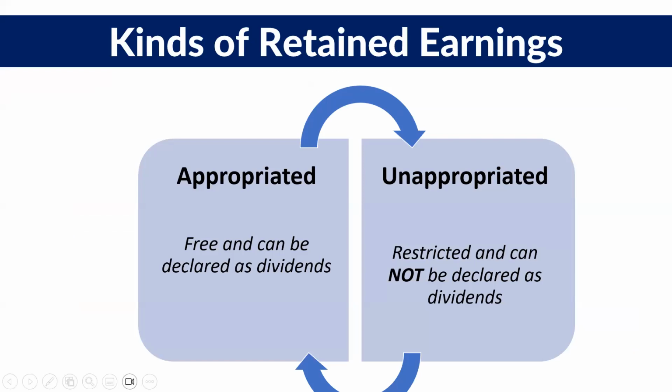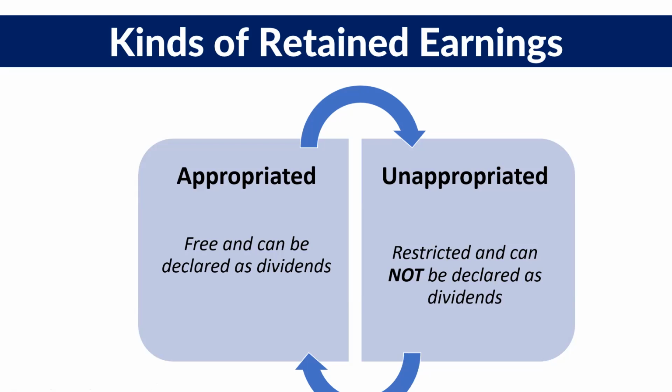retained earnings. The first is what we call appropriated, meaning it is restricted, and the other one is unappropriated. It seems the slides are reversed, so let's repeat.